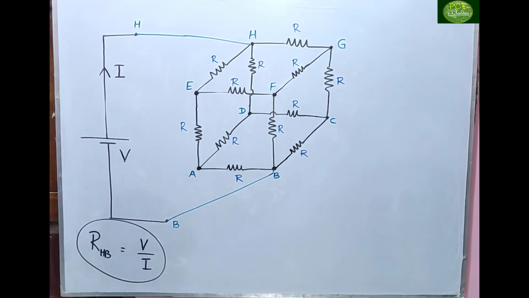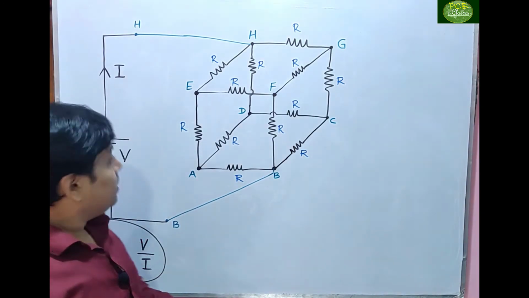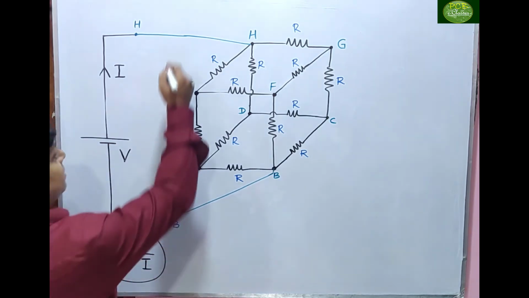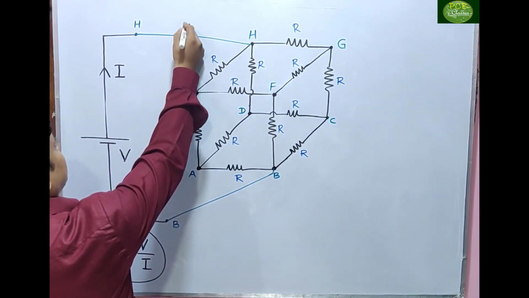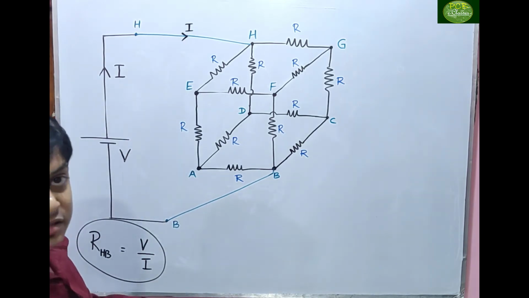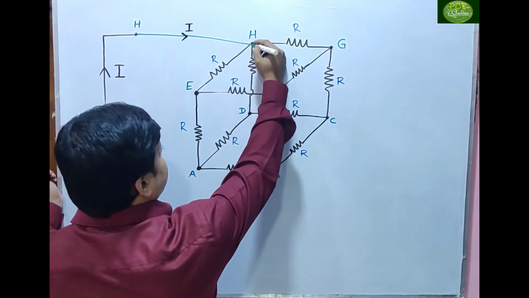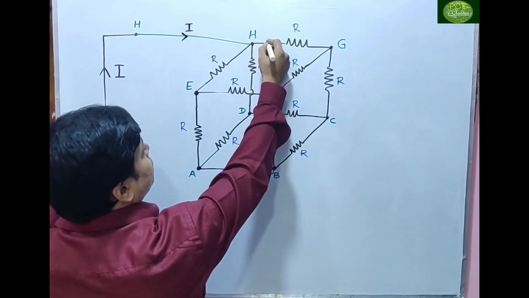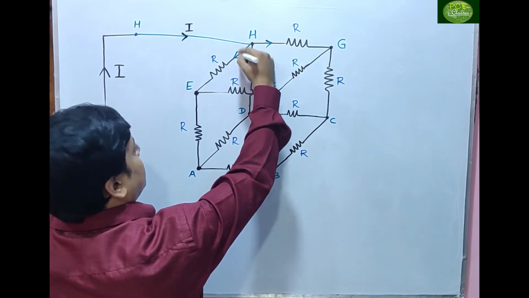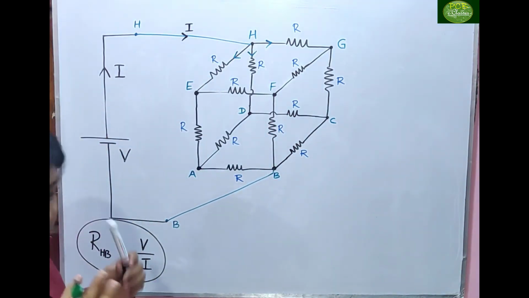Now, let's see here. I'm assuming that a current I is entering. What is the current entering here? It is I. Now, as soon as the current enters, it observes that it has three paths to move, so the current will be divided. Yes or no? Yes.